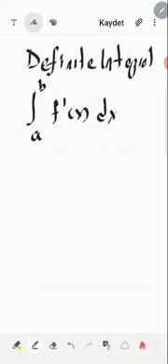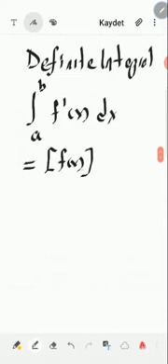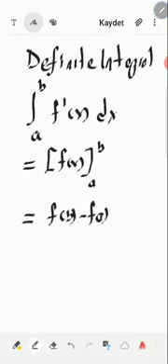It means that we are going to integrate f prime of x dx from a to b. We equate this to the integral form, which is the primitive form f of x, with the lower and upper limit. To find the exact value, we substitute for b and a. It means we subtract f of a from f of b.